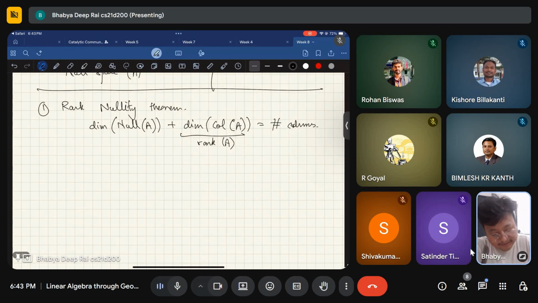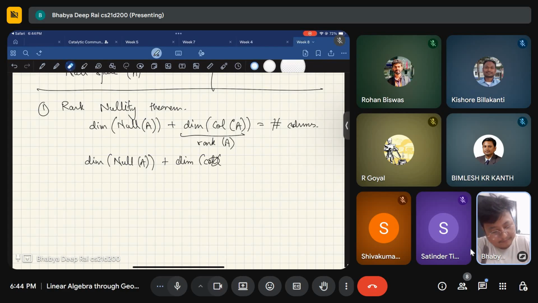There is a row version also, which is that the dimension of the left null space of A plus the dimension of the rows of A, which is again nothing but the rank. Row rank and column rank are always the same, and therefore this is the number of rows.